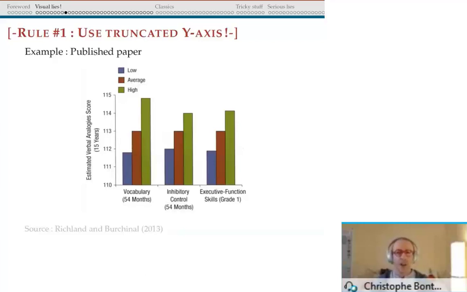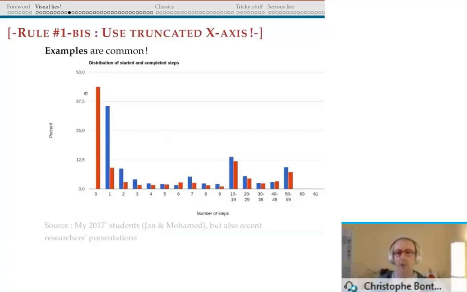There are some other rules that are a little bit more unusual. This is an example taken from the work of my students. I asked them if I could use their work for that. You have on the horizontal axis the number of steps that some learners perform on the MOOC, and here you have the percentage of the learners. So you have some attrition over time.